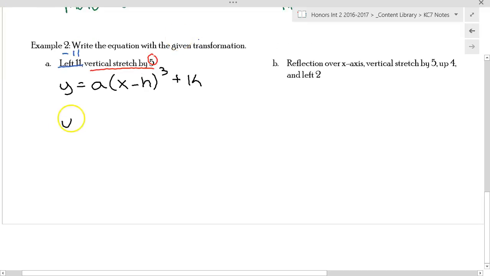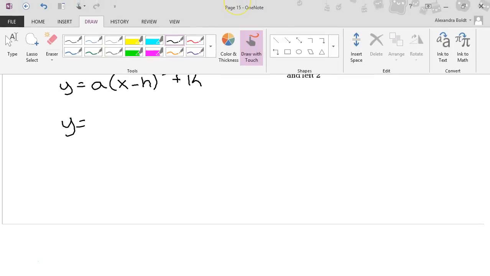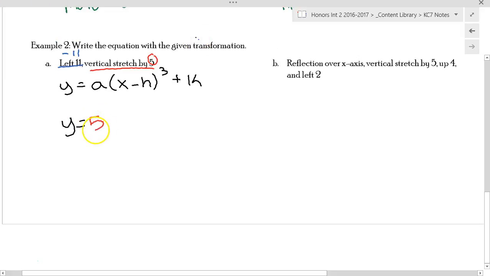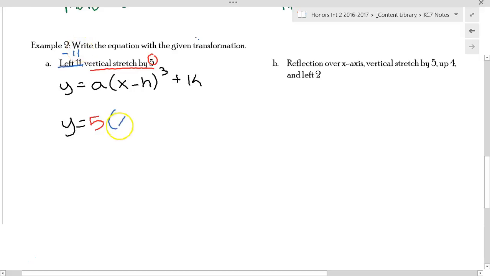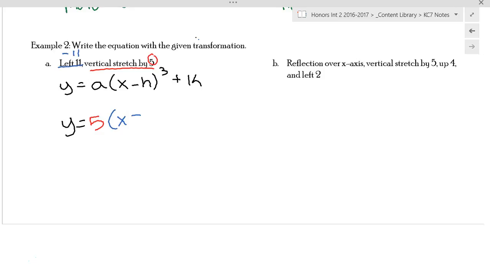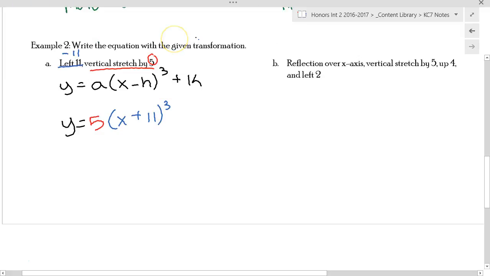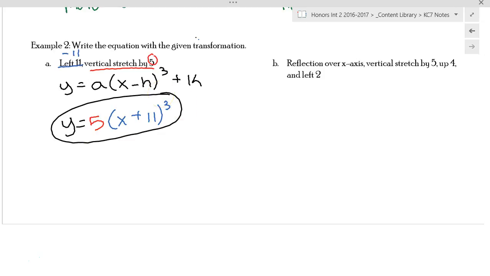So all I'm doing here is y equals, my a is now 5. It's being stretched. X minus, really, it's negative 11, so I have to change the sign to plus 11 cubed. And I have nothing about my k, so I don't have to worry about it. It gives me plus 0. But again, we do not have to worry about that one, so just 5 times (x plus 11) cubed.